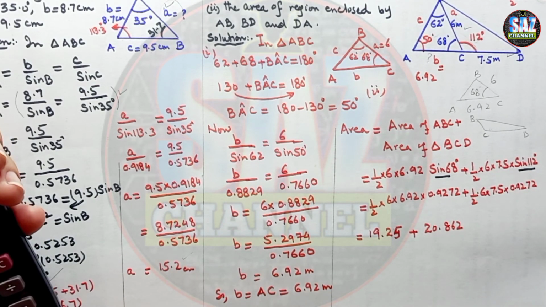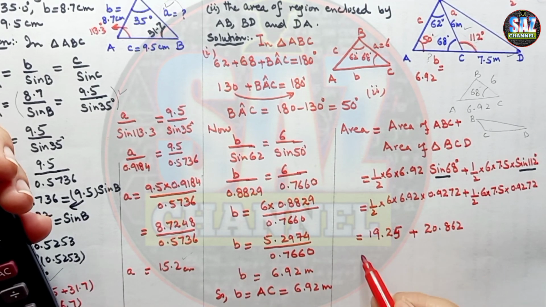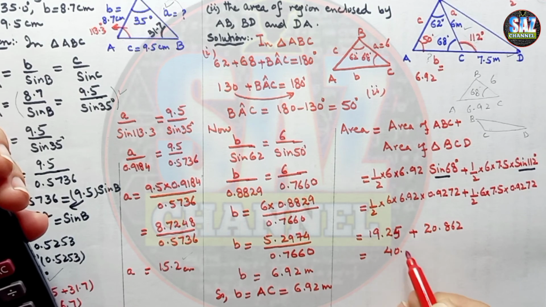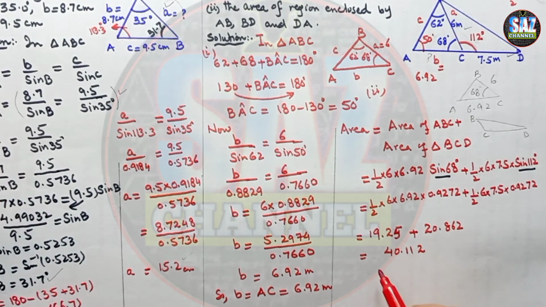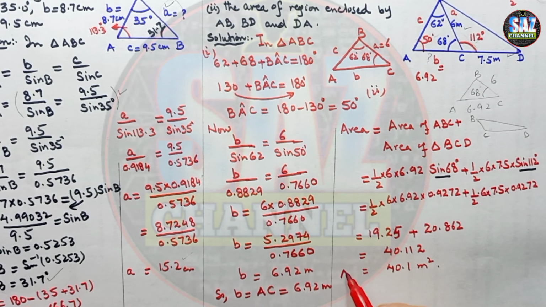Then I have to add 19.25 to this number, and this gives me 40.112. I have to give my answer to 3 significant figures, so it will be 40.1, and the units are meters squared because this is the area.